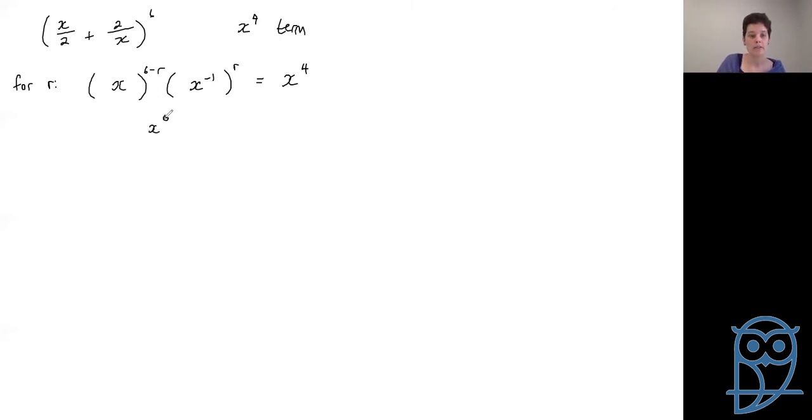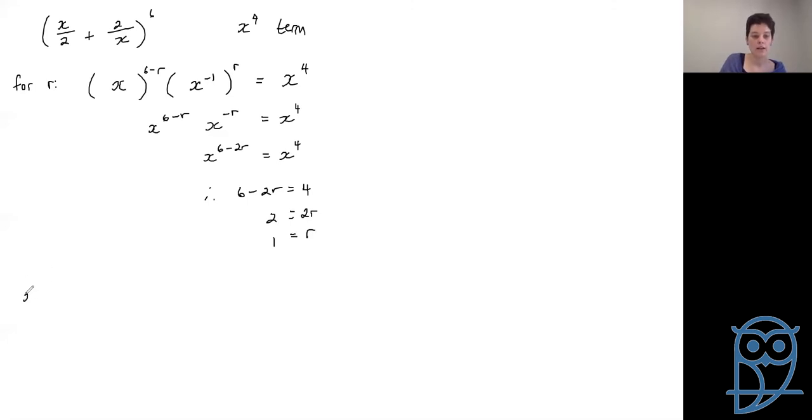So x to the 6 minus r, x to the minus r equals x to the 4. x to the 6 minus 2r equals x to the 4. Therefore, 6 minus 2r equals 4. So 2r equals 2 and r equals 1.